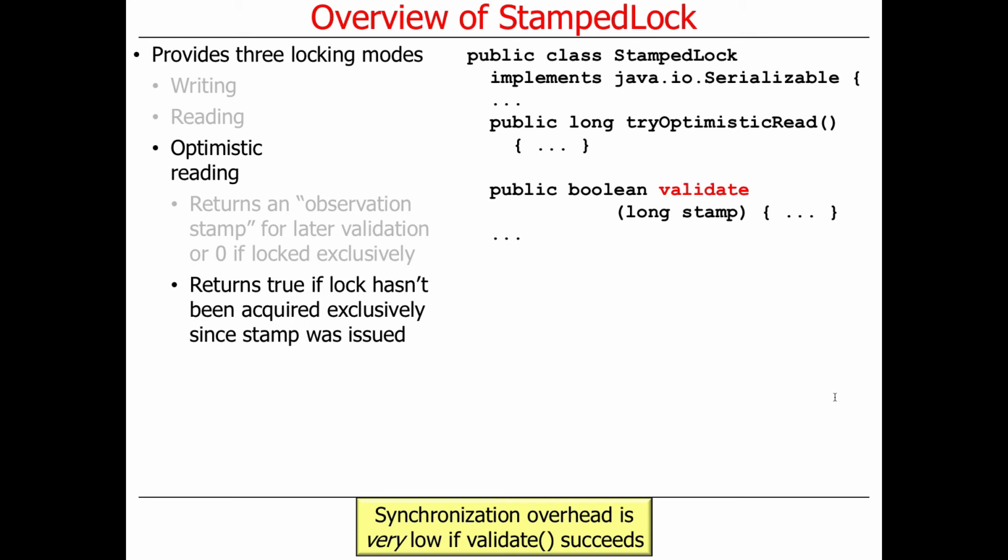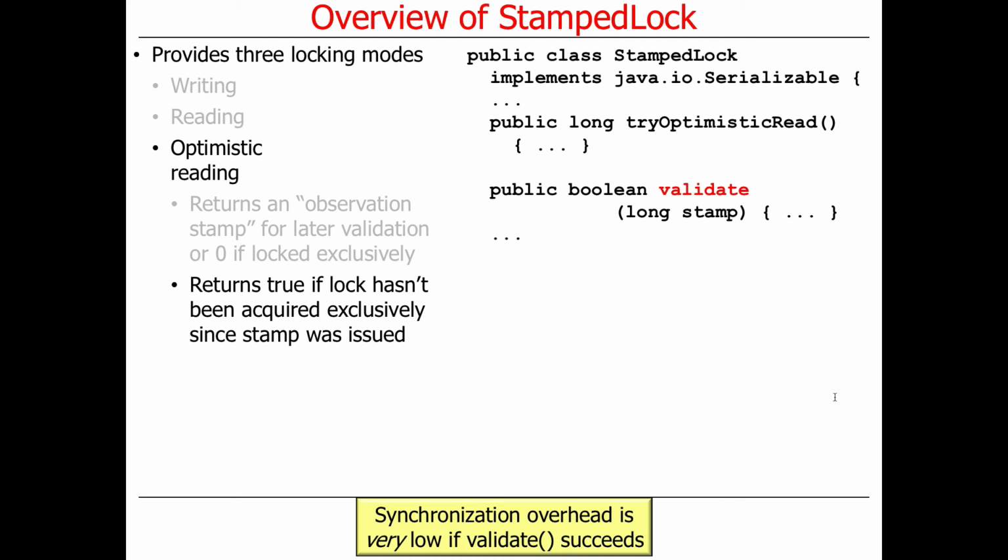Conversely, if a write lock was acquired in between the point where we did the optimistic read and we validate, then something may have changed, and we can't trust the values that we read because they may have been modified in the meantime. And so then we're going to have to fall back and do some other stuff, and we'll talk about what that other stuff is in a second. The synchronization overhead of stamped lock for optimistic read, when there's no contention, in other words, when there were no write locks acquired, is really, really low.